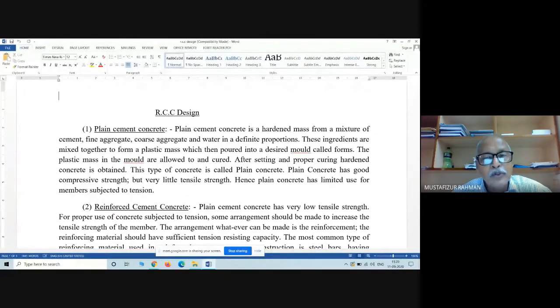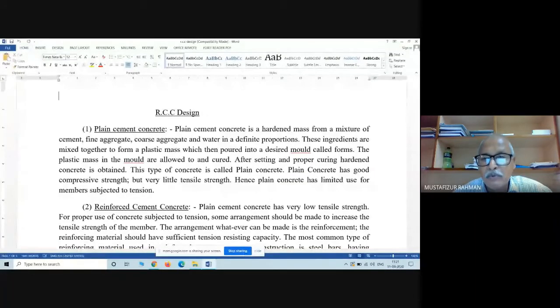So if we want to construct our structure simply with concrete, as the load goes on increasing, the size of the concrete structure has to increase. Ultimately a situation may come where the member size becomes impossible to accommodate.